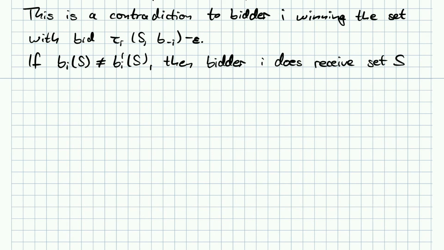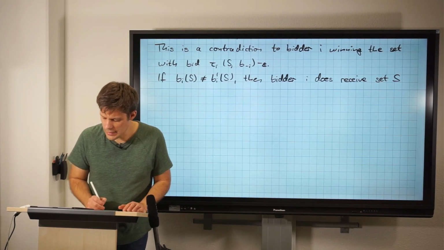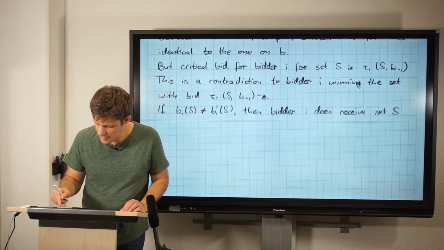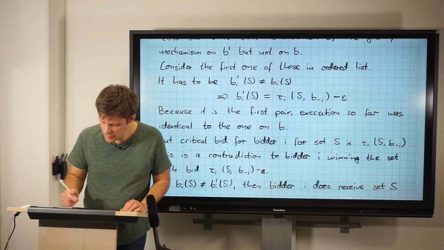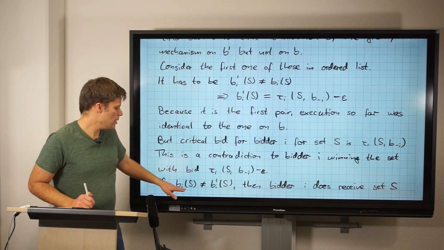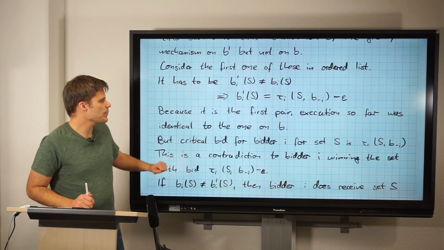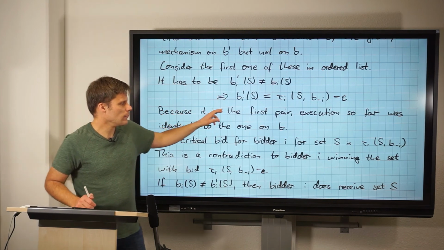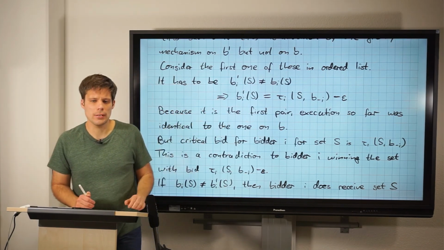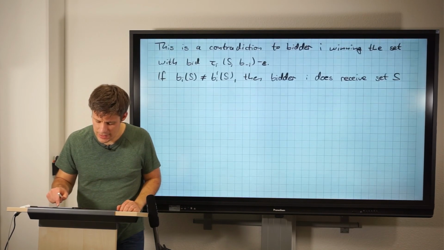This is exactly the kind of argument that we were doing just before, because if b_i of s is not equal to b_i prime of s, then you're bidding below the critical bid, and so you're not getting this set.